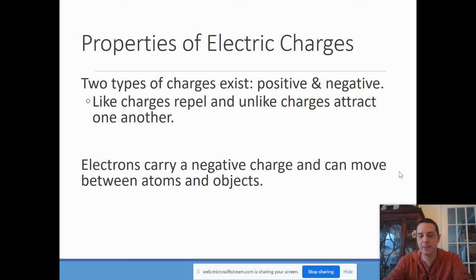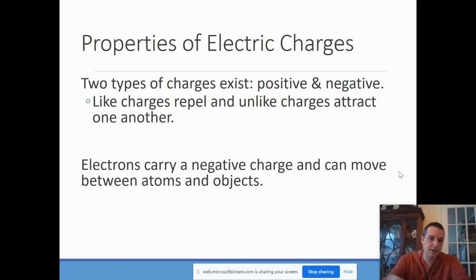Now, when we talk about objects that are becoming charged themselves, it's important to note the role of electrons in this. Protons are caught in the nucleus of an atom, and so they don't have the ability to move themselves. So when we talk about charges, they always have to come from some sort of electron movement. If we want to look at a negatively charged particle or object, that object has become negatively charged because electrons are gained by the object.